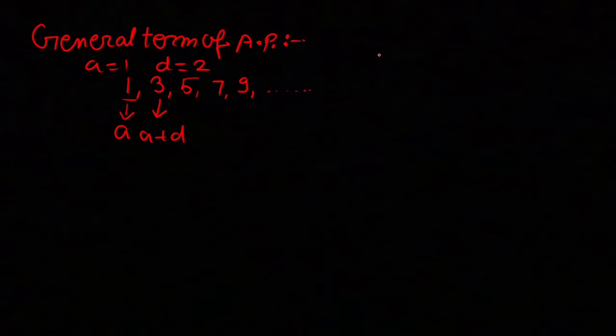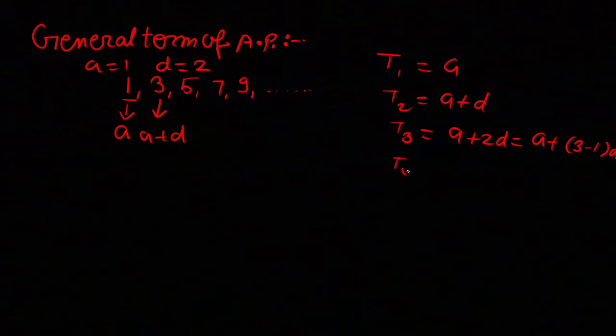So the first term t1 is a, t2 will be a plus d, t3 will be a plus 2d, which we can write as a plus 3 minus 1 times d. t4 will be a plus 3d, so a plus 4 minus 1 times d, and so on.